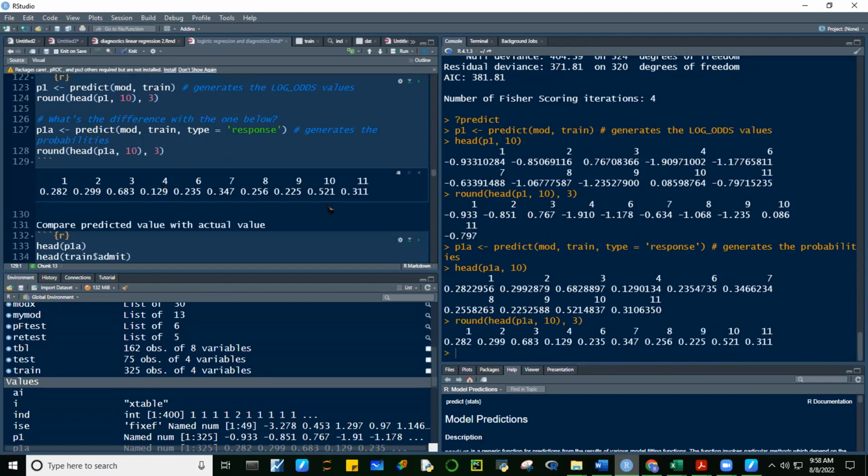Okay. Take a look at this, class. Diba ito yung 0.28 kanina tsaka 0.299. Ito yung probabilities. Diba? So we can generate the probabilities for each of the predictions.